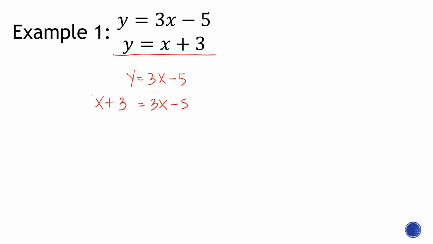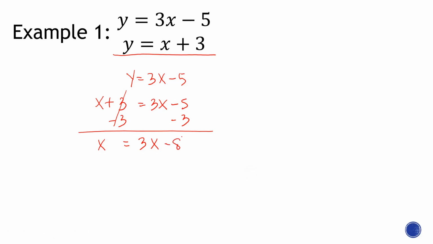Okay? So we can either isolate x on the left or on the right side. It doesn't matter. But here, let's try to subtract 3 first on both sides. So you cross that out, you keep the x, you keep the 3x, and then negative 5 minus 3, or negative 5 plus negative 3, they are the same.